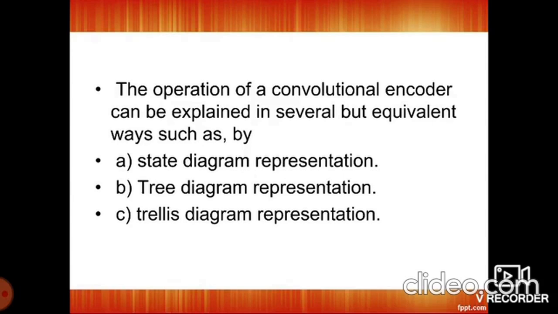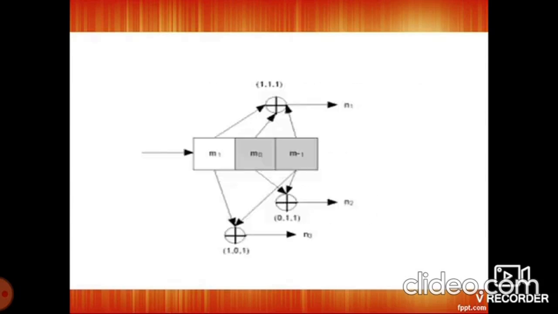As per the given diagram, m is the current incoming bit, m0 is the second stage of flip flop, and m minus 1 is the last stage. Here we have modulo 2 adders. n1, the first modulo 2 adder, has three connections from m1, m0 and m minus 1. n2 has only two connections from m0 and m minus 1, and n3 has connections from m1 and m minus 1.